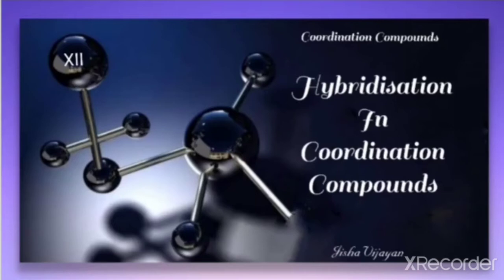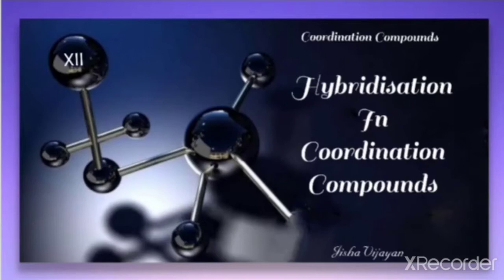As the orbitals of the central metal ion undergo hybridization, it results in equivalent orbitals of definite geometry. So that is the hybridization which we are going to discuss in the valence bond theory.